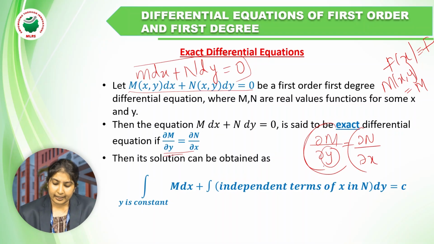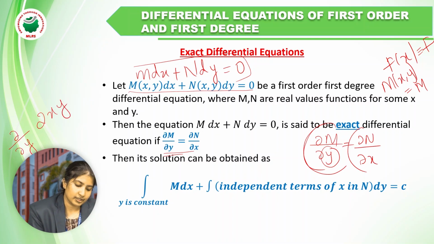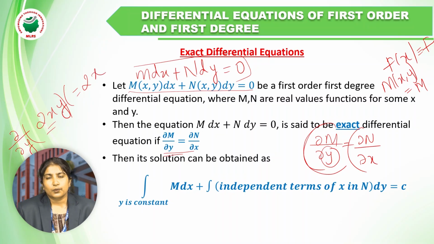You cannot care about the other variables. For example, 2xy, if I partially differentiate with respect to y, the answer should be 2x. Why? Because here x is constant. So only that variable we are differentiating with respect to. Other variables do not have any significance in partial differentiation, right?